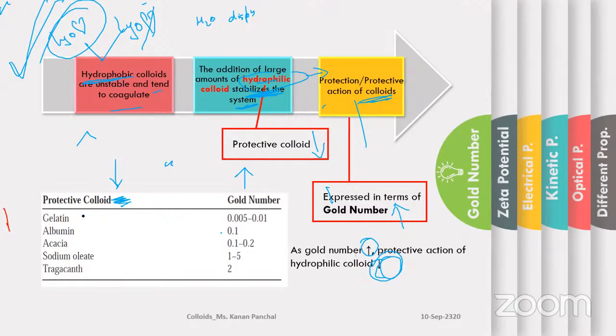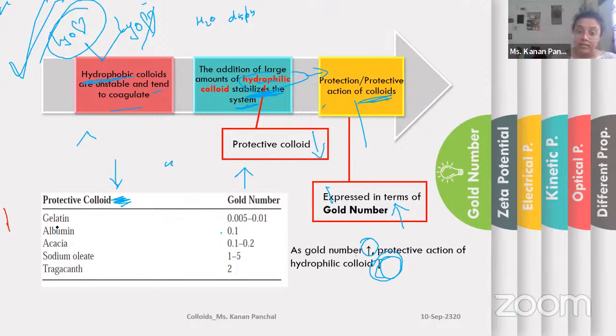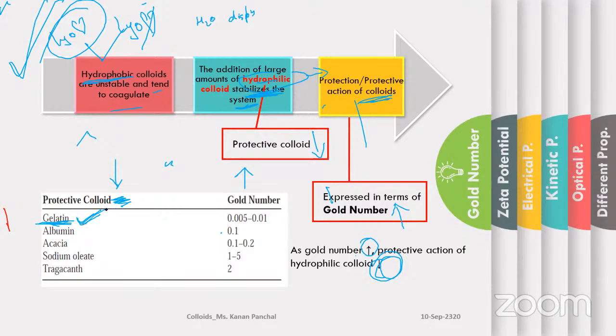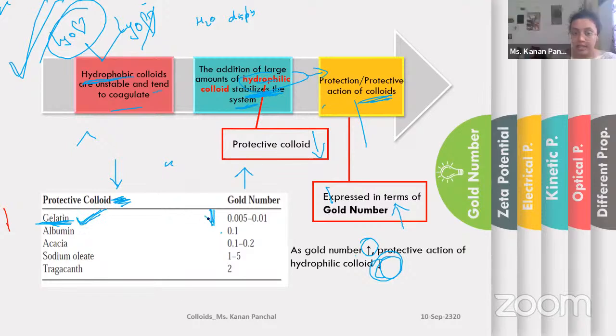Gelatin. Why? Its gold number is less than the others. Yes, because it has the least gold number in this list. That is why gelatin acts as a very good protective colloid.